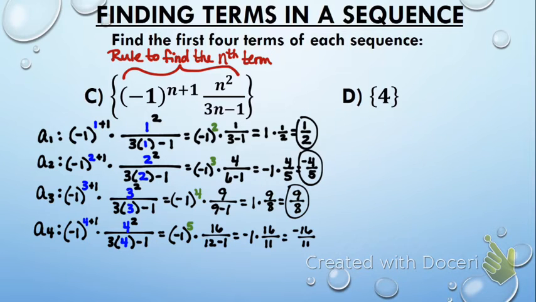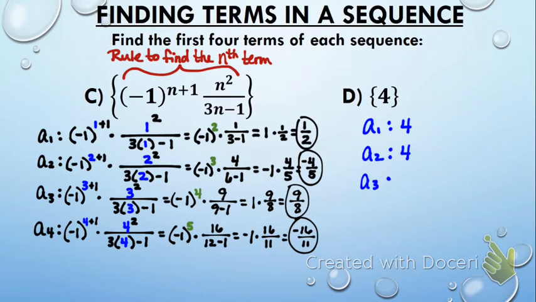All right. So I keep writing above these that what they give us in these brackets, this is our rule to find the nth term. What do we have on example D? Just 4. So the first term in the sequence is 4. Second term would be 4.